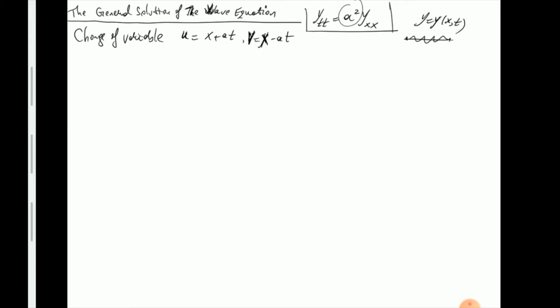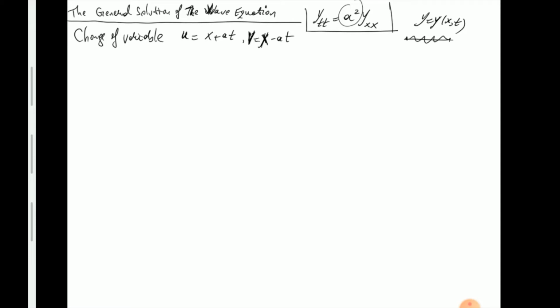And you should see basically already why we prefer to denote this constant in front of the Laplacian by a squared, because this change of variable is much more straightforward. Otherwise, if I use a different letter than a squared, this transformation would involve a square root of a constant, and it looks a little bit tedious if we do that. So that's why it's customary to denote this constant by a squared.